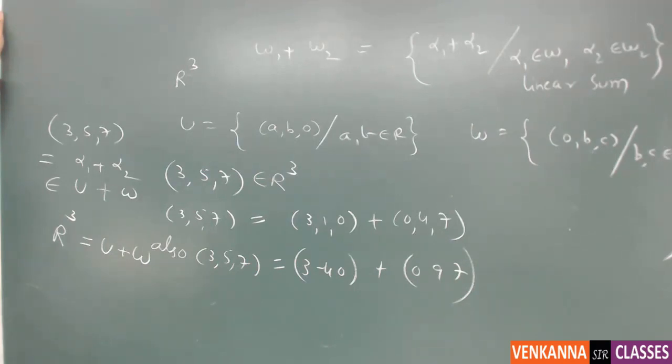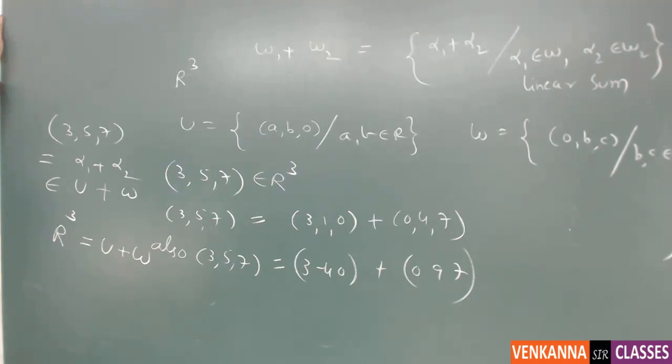You are bifurcating the vector space into two parts, so that every vector in the vector space can be written as sum of two values. So here you can observe that (3, 5, 7) has two different representations. You can represent it as sum of two values in two distinct ways.